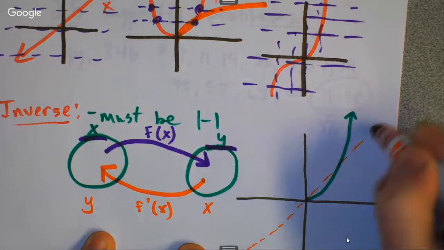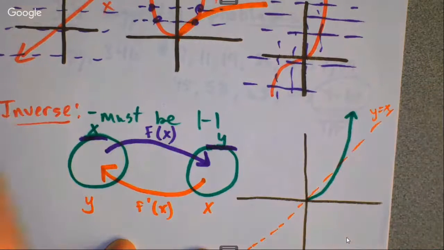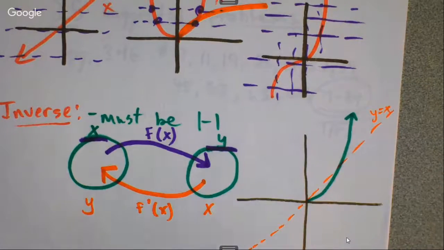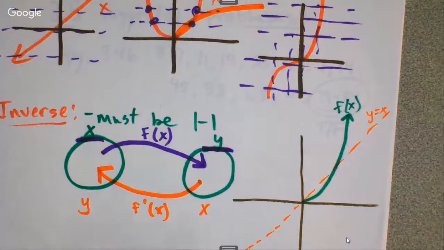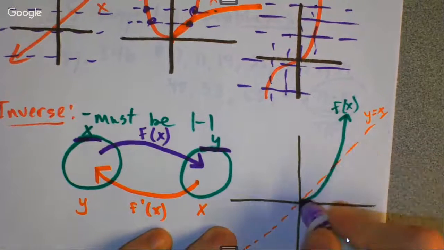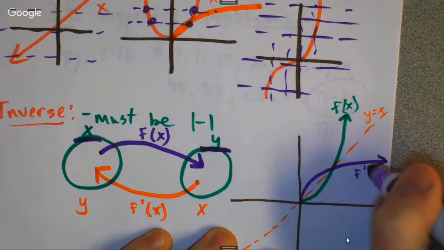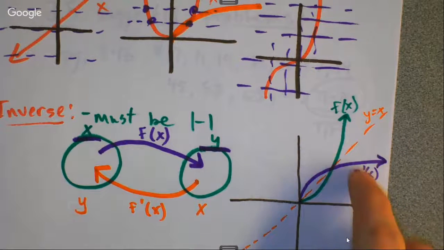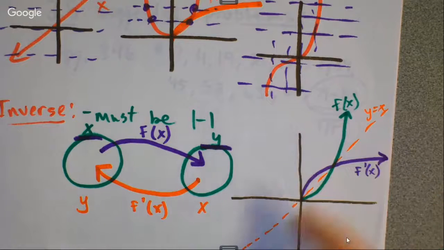We actually have a reflection over the line y equals x. So if this was f of x, and I reflect all that over y equals x, you get f inverse of x. Your inverse and your original function are just a reflection across the line y equals x.